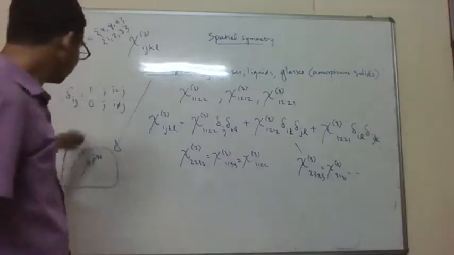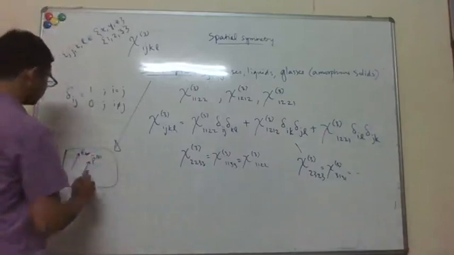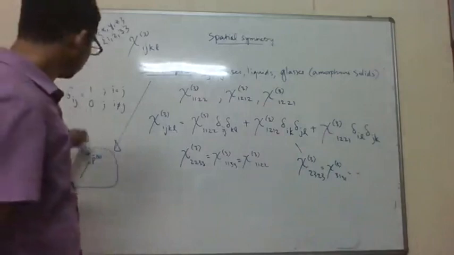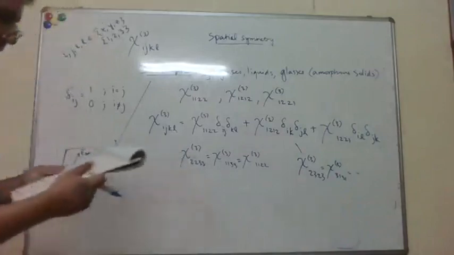The only way you're defining a direction is by your applied fields. So the net resultant of your applied field, whichever direction that is in, the polarization will also be induced in that direction.